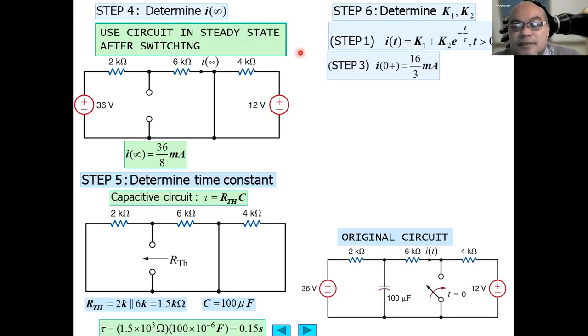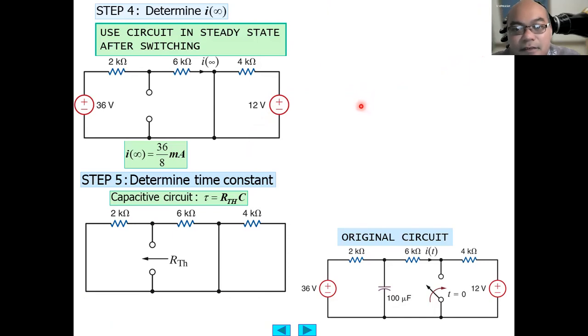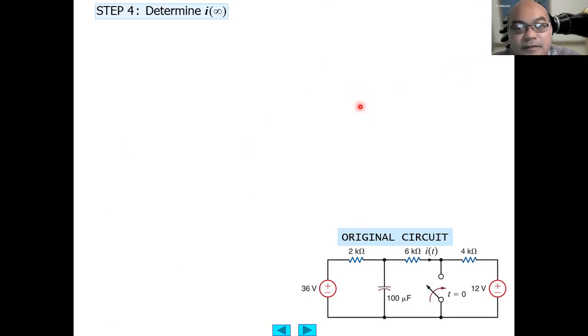Now, let's determine the K1 and K2. I(t) equals K1 plus K2 exponent minus t over tau. Just after the switch is turned on, or I0 plus, the current is 16/3 milliampere. Where does that come from? Let's see the previous slide.